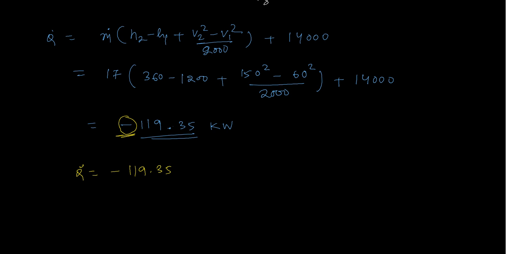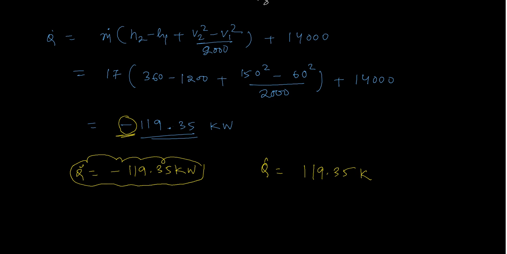And if this is the heat interaction value, and it is asking how much will be the heat rejection, so I can say q dot will be equal to 119.35 kilowatt, and this is rejected heat from turbine. Okay, hope it was understandable. Try to solve many more questions related to this. Thank you.